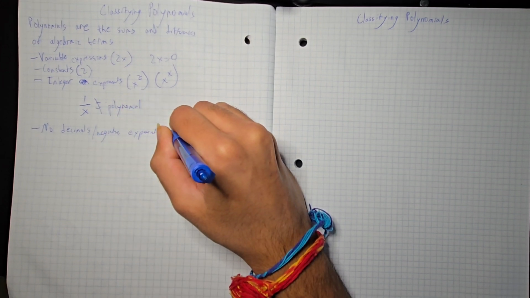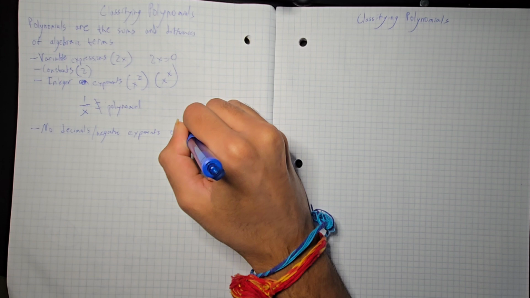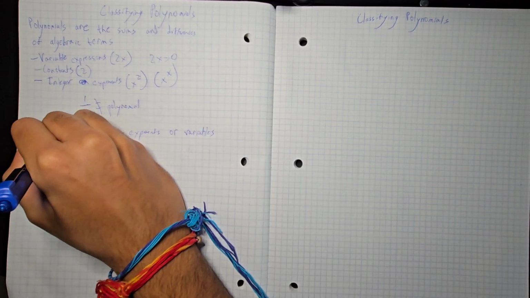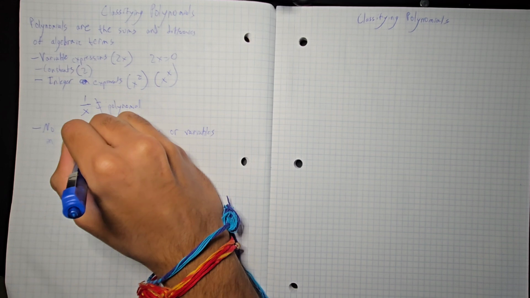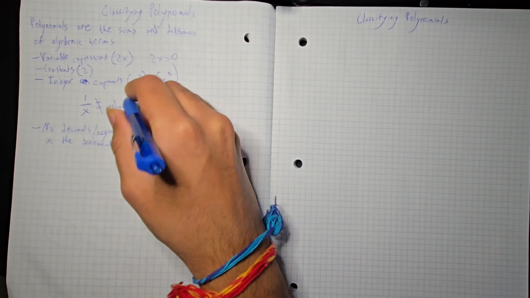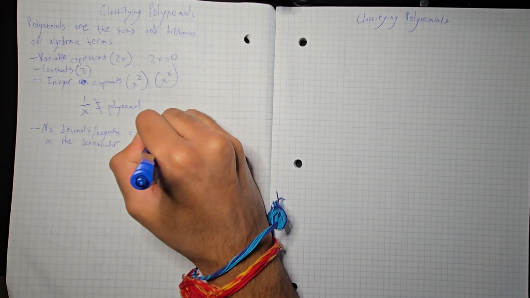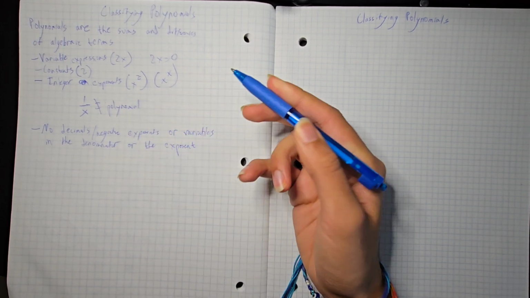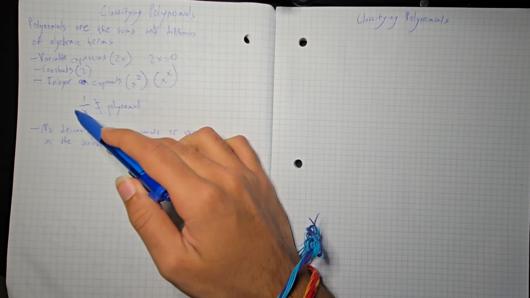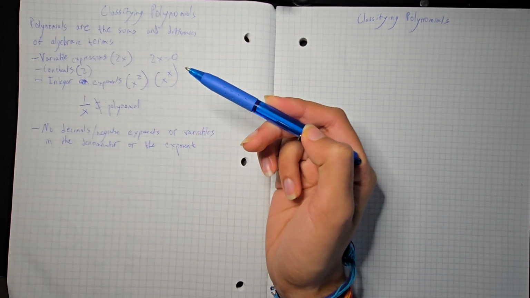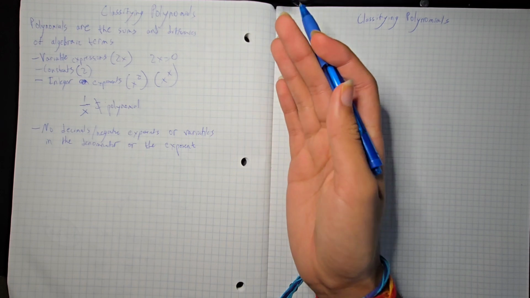Or any variables in the denominator or the exponent. So essentially I kind of just gave you guys this and it was a little bit of a trick question, but now if you take a look at this again, there's a variable in the denominator, which means that it cannot be classified as a polynomial.